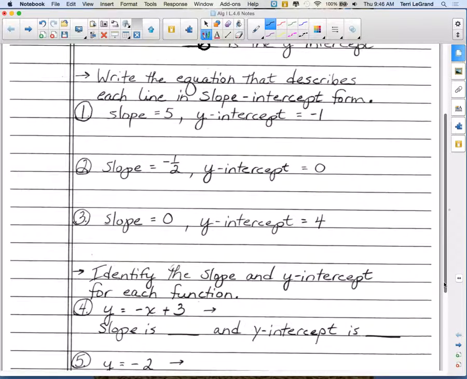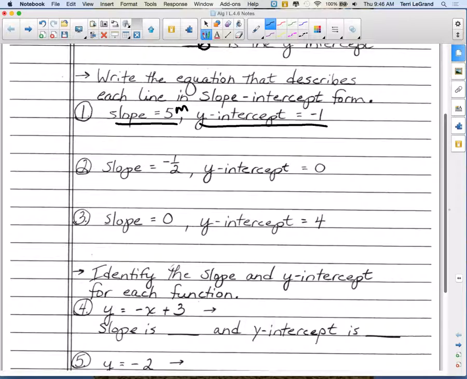Okay, so let's practice writing the equation that describes each of these lines, but we want them in slope-intercept form. It's going to be pretty painless, really, because what we do is we just write down what would the 5 represent? That's our m value. And what's the -1 represent?